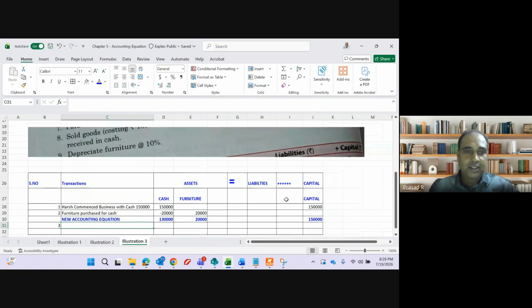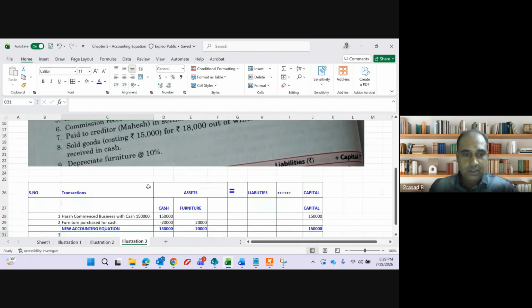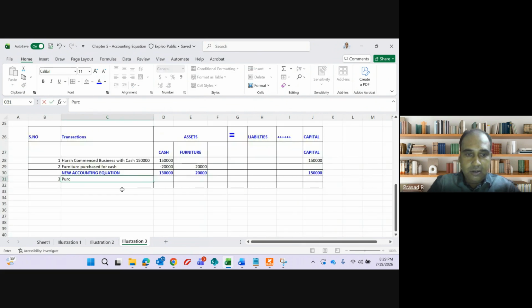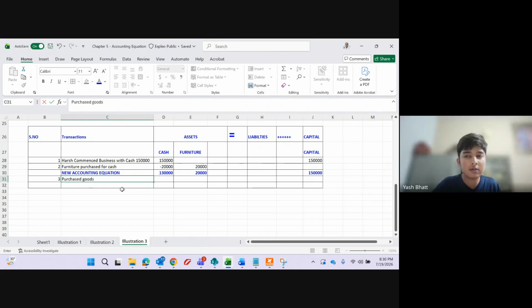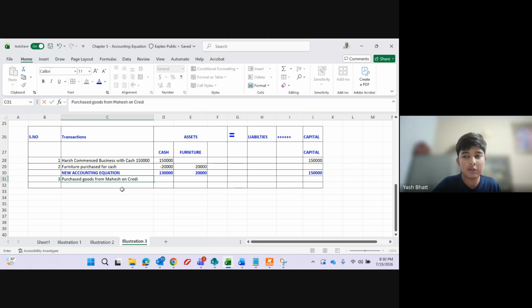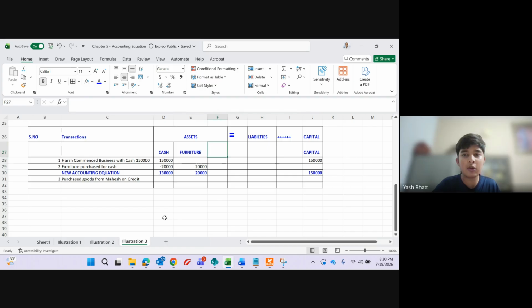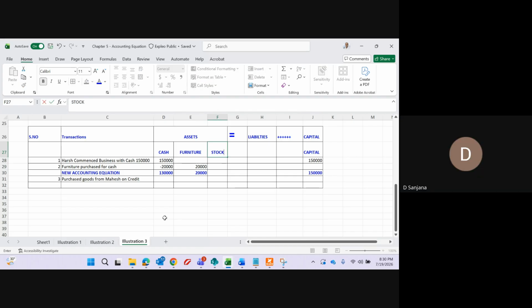Third transaction. Purchased goods from Mahesh on credit. Stock account, two accounts involved. One is Stock.